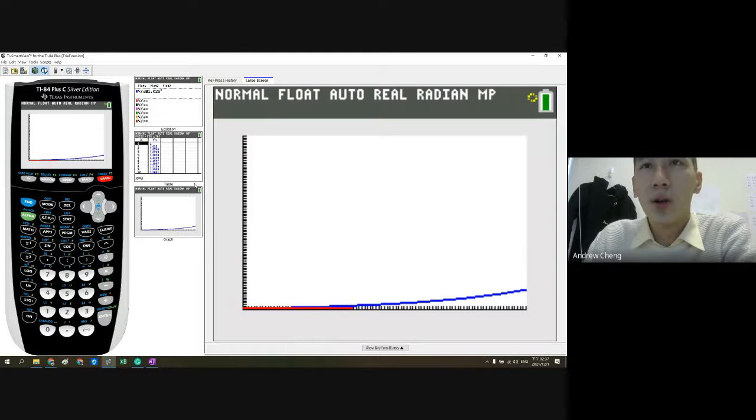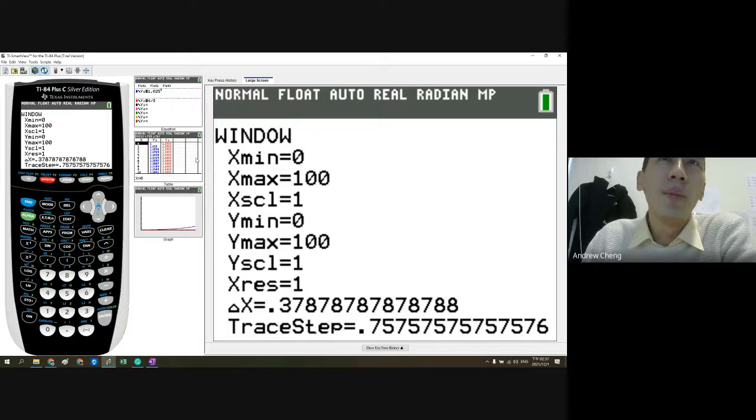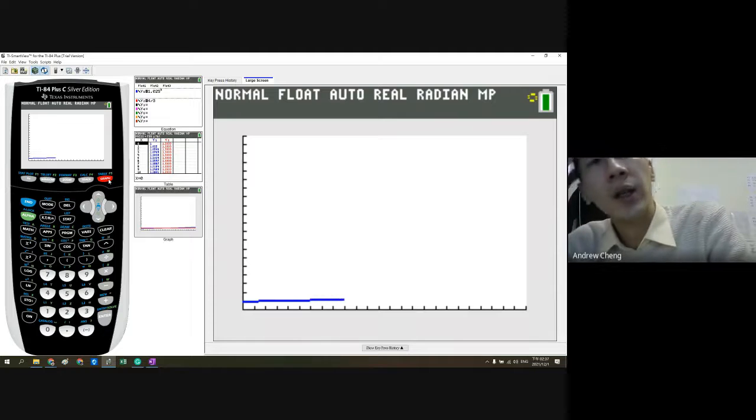This is my first, okay. Then I need to use window to change my maximum. So maybe x minimum from 0, maximum just 20, maybe 25. And y from 0 to maybe 20. I think that will be more clear. Oh, much better. But can I find the intercept?